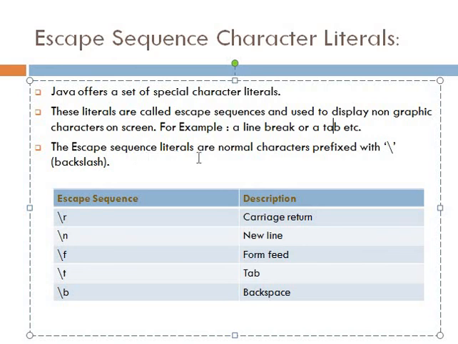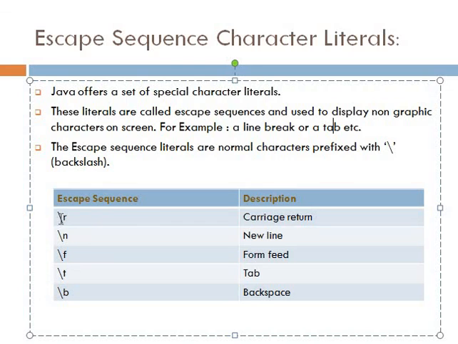The escape sequence literals are normal characters which are prefixed with a slash, and we treat this slash as a backslash. And you can see that each of these escape sequences is prefixed with a backslash.